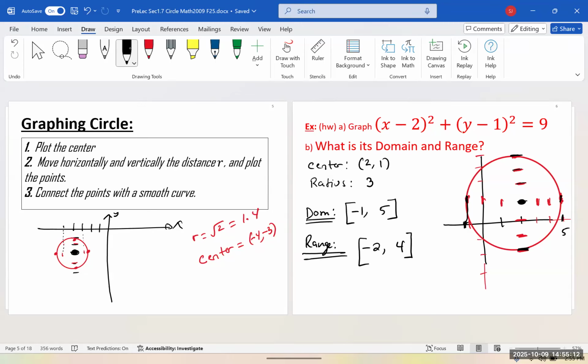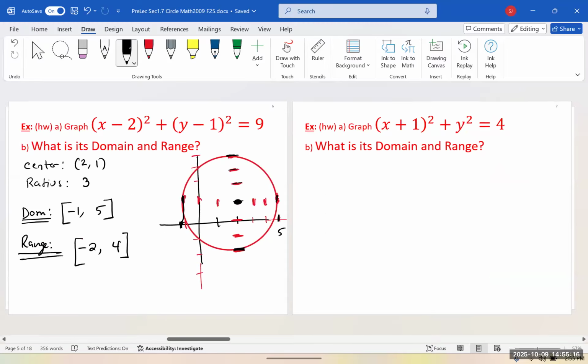Any question? Okay, then you try. For this one, find the domain and range. But before that, find the center, radius, graph it, and then domain, and then range.